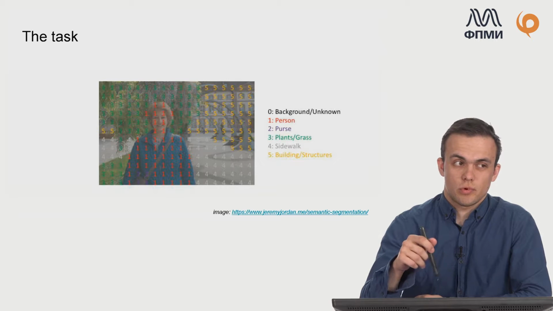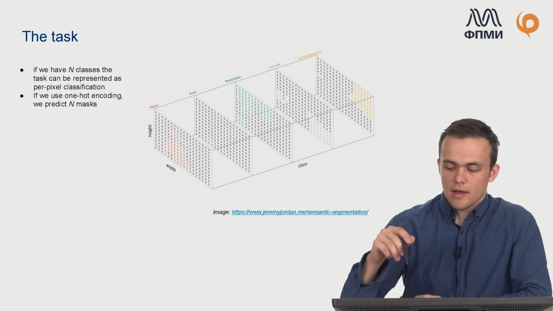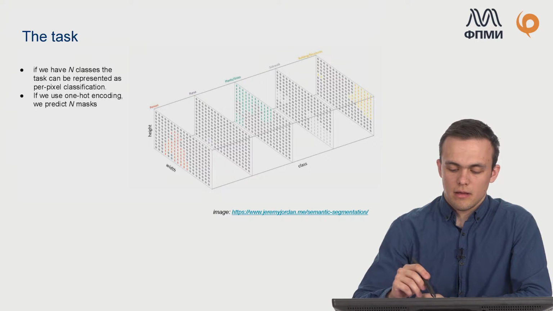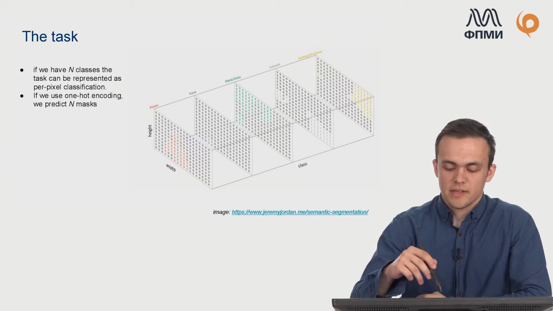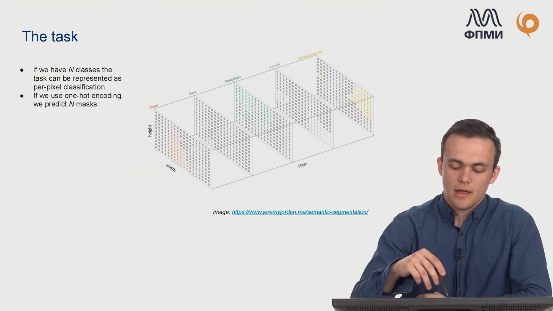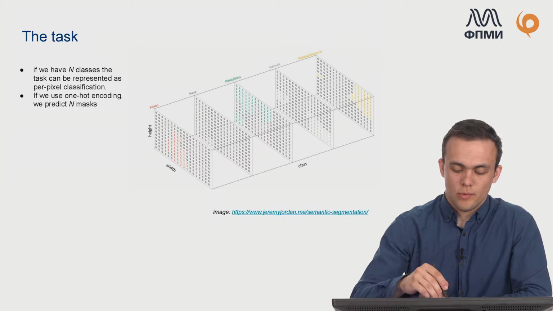The same was done with that cityscape image. This map of several pictures can be represented as several maps where we can have only two values. We can have only zeros and ones.